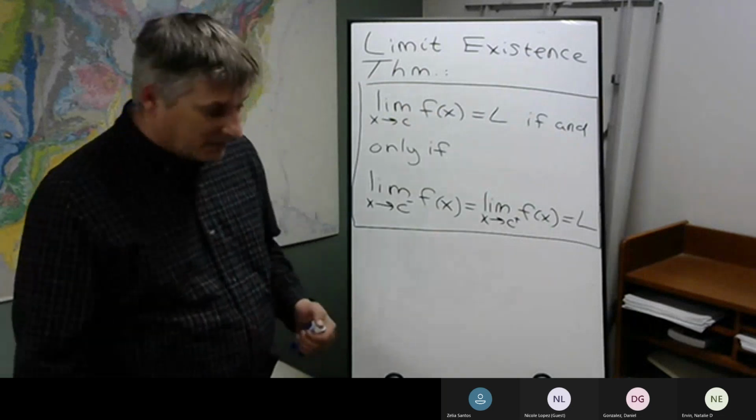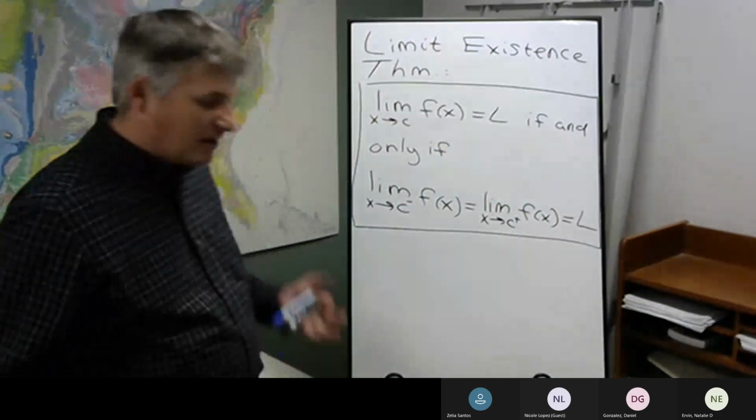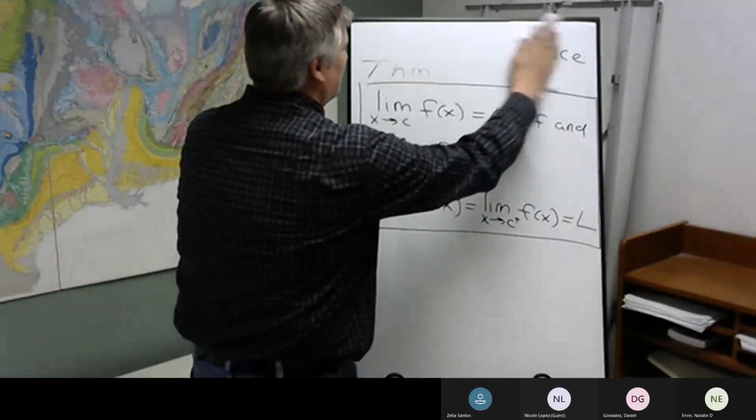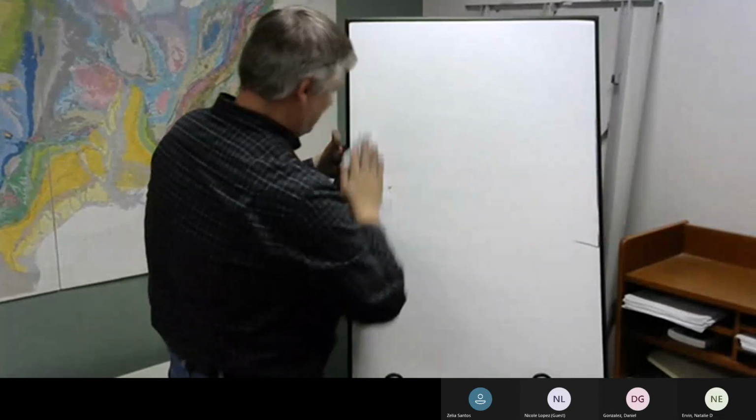All right. So let me run through an example on this and just kind of show you how this works. The plain limit, the limit that's just what we've been working with so far, only exists if the limits on the sides of that point exist and they're also equal. So let's say we have this.